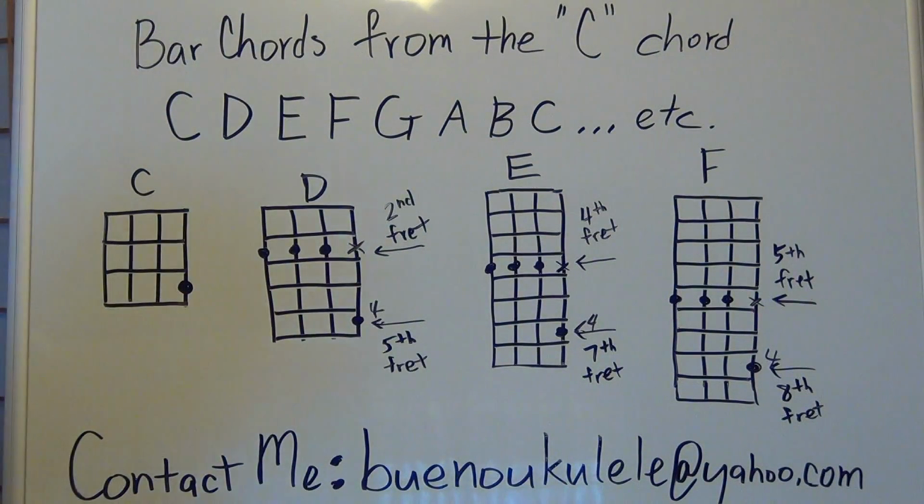So, try to get this comfortable. Repeat this tutorial as much as you need to, and keep in mind that in the tutorials coming up in this section, I don't explain as much about the theory. I basically just show you the chord, show you where to make it, how to make it.